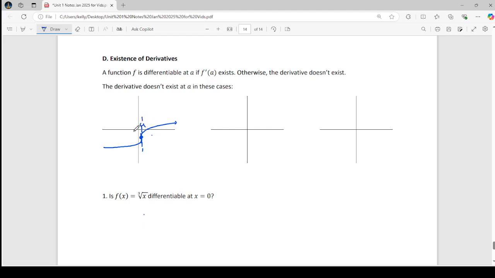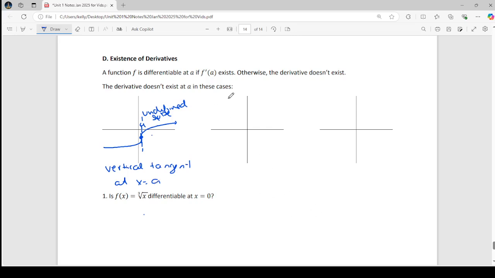We're saying this is point A. And so this has an undefined slope. So the derivative won't exist because there is a vertical tangent at x equals a.